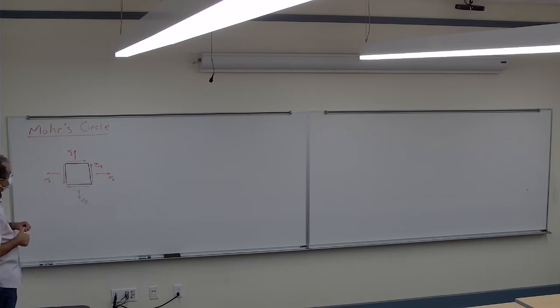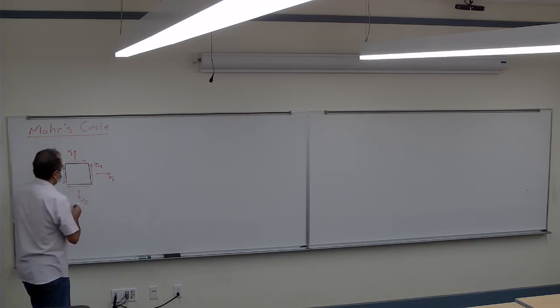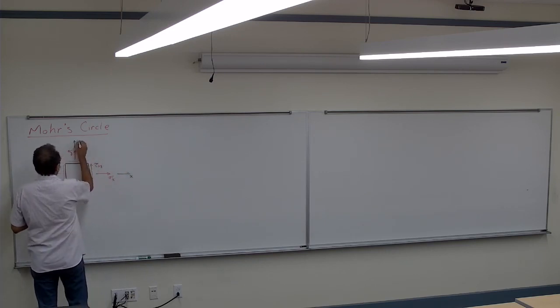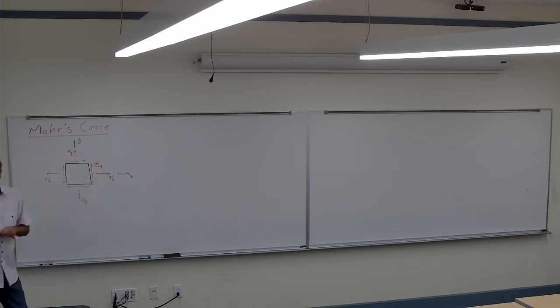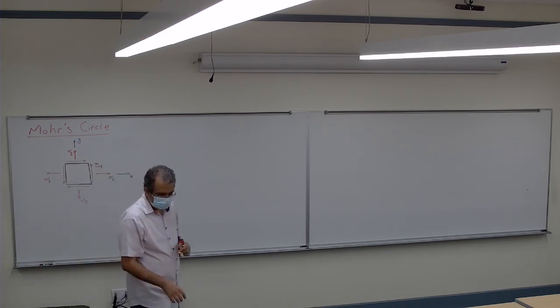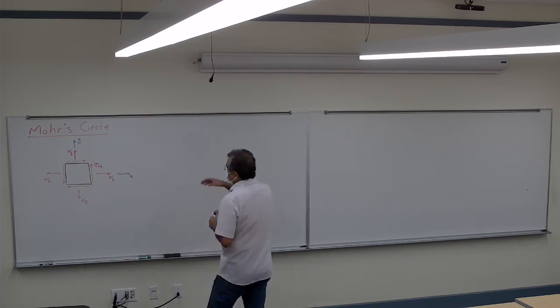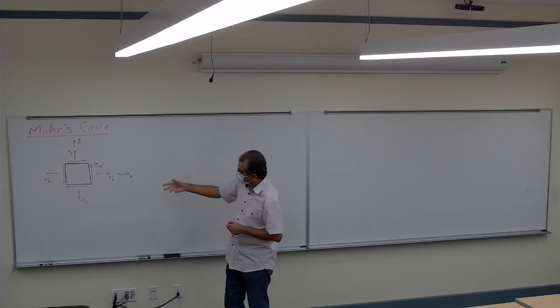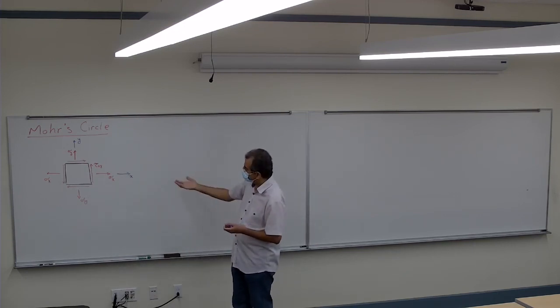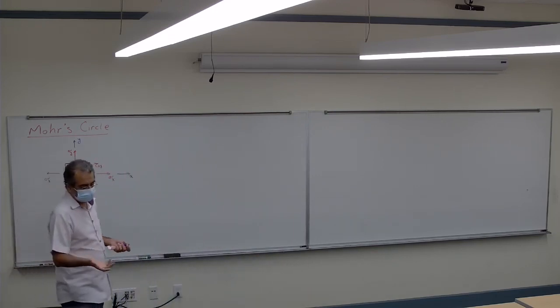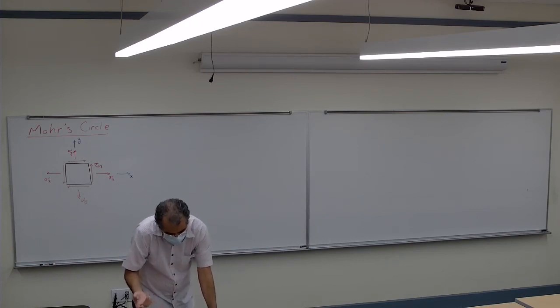This is going to be our x-axis, and this is going to be our y-axis for that element. Before I tell you how I'm going to make a circle and calculate everything, there's some convention that I need to remember. It's called the Mohr circle convention.